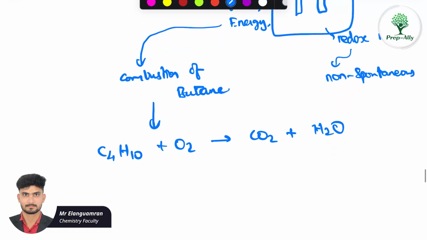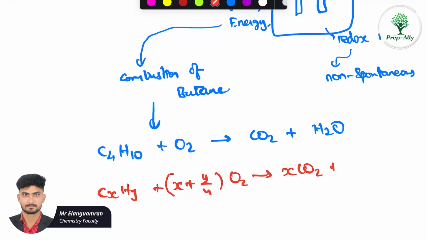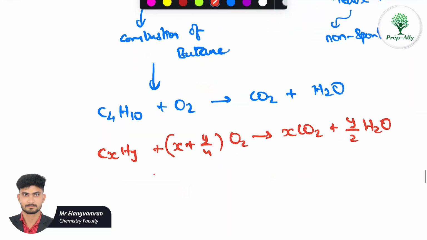This equation is not balanced. We can balance this equation using this formula. If you use this formula, you will get this equation.